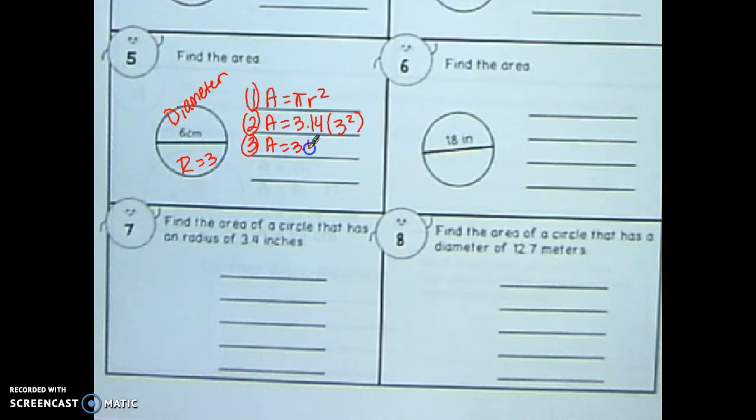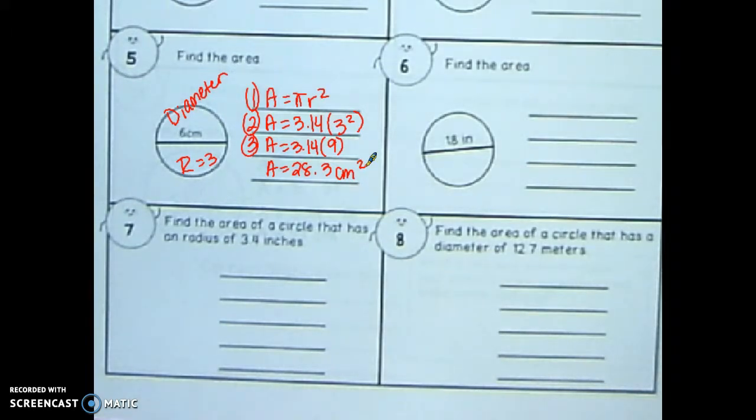Area equals 3.14. The radius squared is 9. And 9 times 3.14 is 28.26, which rounds to 28.3 centimeters squared. It's area, so our unit is squared.